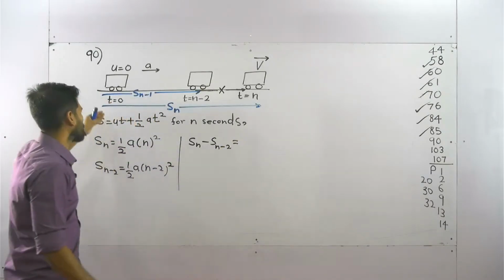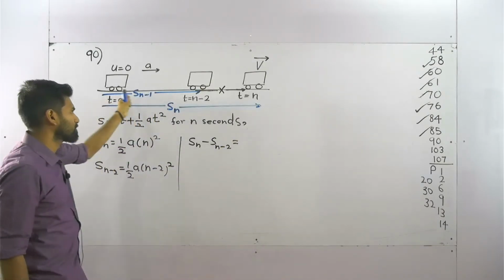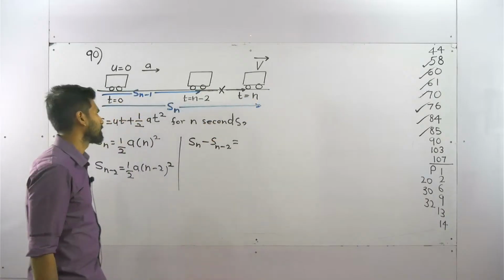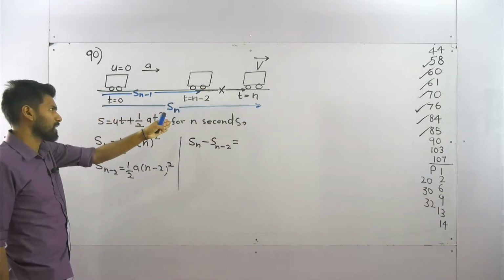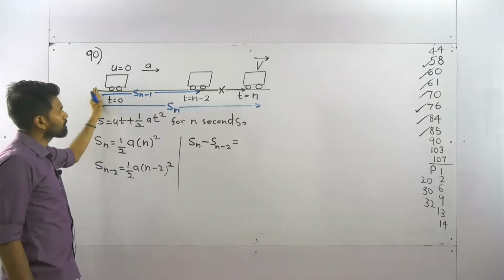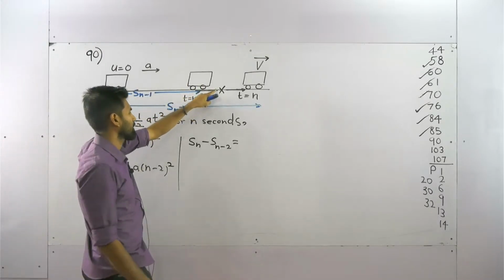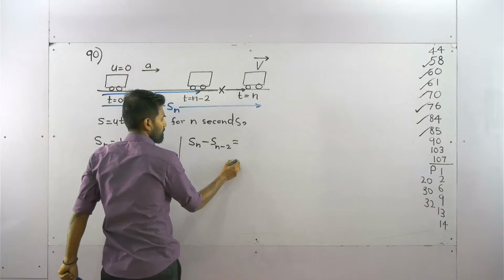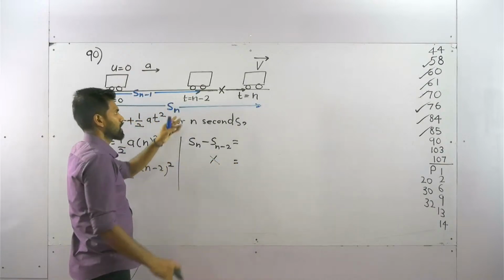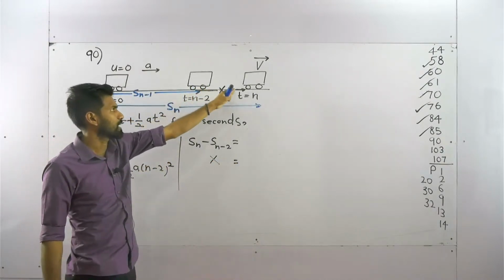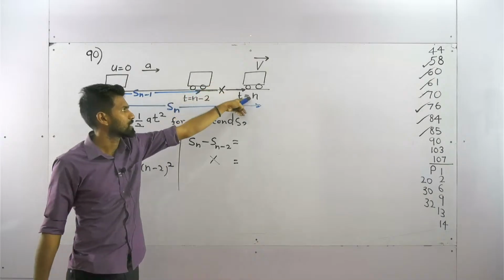Why? From the beginning, the complete displacement is Sn up to the nth second. Two seconds prior to the nth second, the complete displacement is Sn minus 2. I'm subtracting them, and the answer will be the value x that they ask, the displacement in the final 2 seconds.